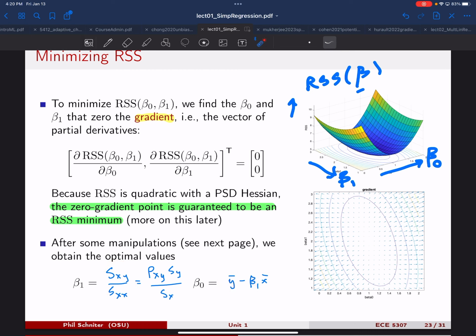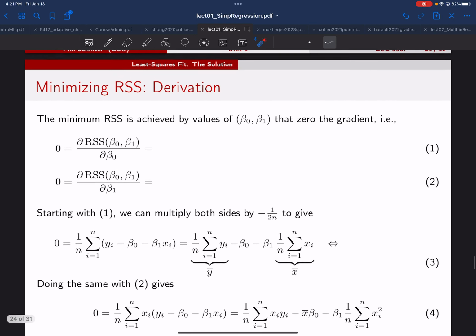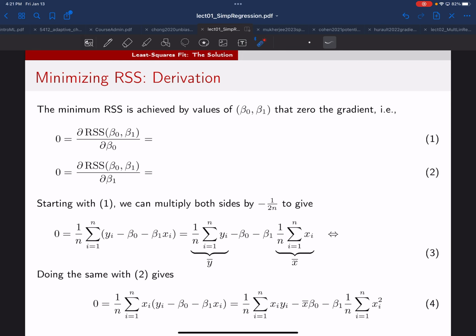If you know those, then that's all you need to know to figure out what the RSS minimizing beta 1 and beta 0 are. So that's kind of why we define them. They're going to help us derive it, and they actually give us a lot of intuition, as we'll see later. Okay, so how do we get there? So we're going to, like I said, we're going to zero the gradient.